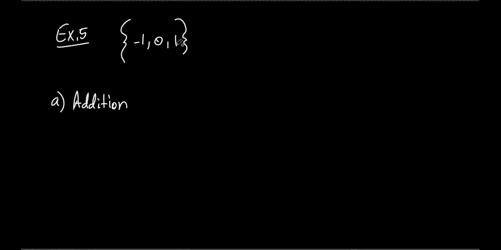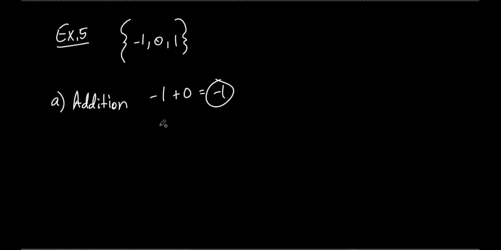I said that quick, but I think I said it pretty well. Okay, so let's add up any of the numbers. These are the only numbers we're allowed to add up, right? These three. So let's go -1 plus 0. What's that equal to? -1. Is -1 in this set? Yeah. So far it's closed, isn't it? All right. But we got to do every combination.